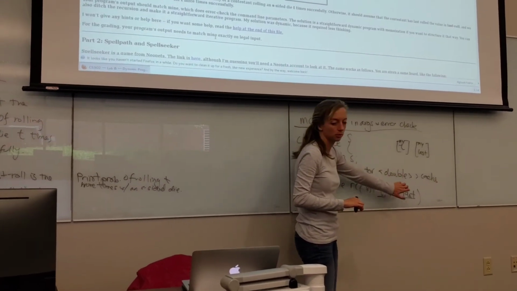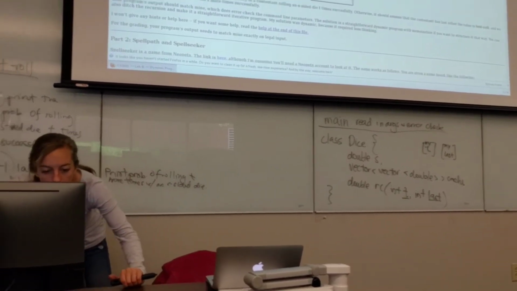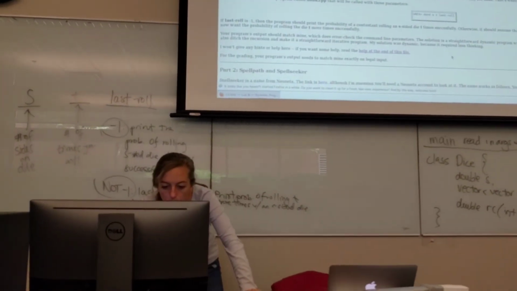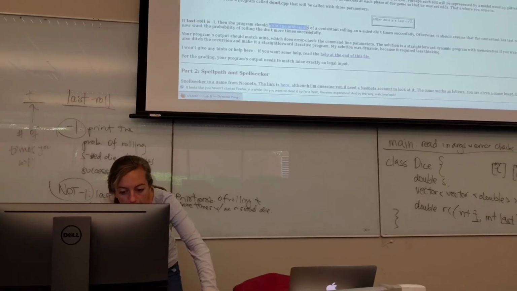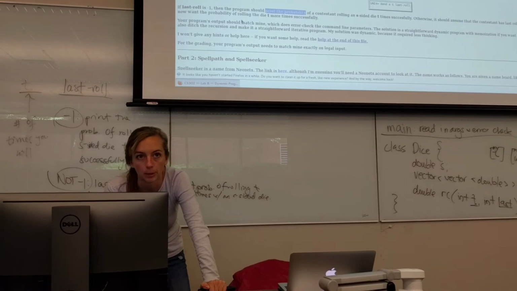And it's doubles because, whether last roll is -1 or it's not, you want to print the probability of something. Either way, you're printing a probability, and so you're going to want to save a probability as a double.